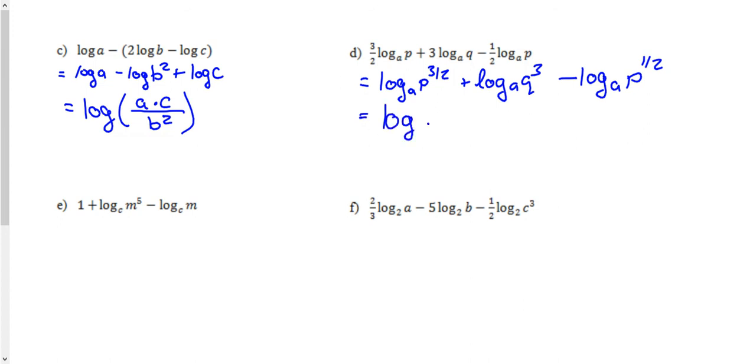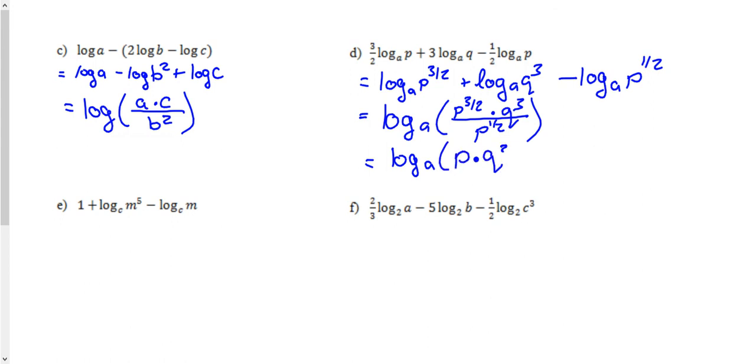This is now log a of p to the 3 halves multiplied by q cubed, all divided by p to the 1/2. If you can clean up, you can clean up. I'm going to figure out my p's here. We're just subtracting because it's exponents, so 3 halves minus 1/2. I'm left with 2 over 2, which is just 1. So it's just p multiplied by q cubed. And there we go. That one's done.